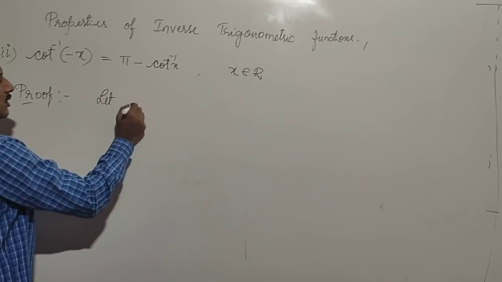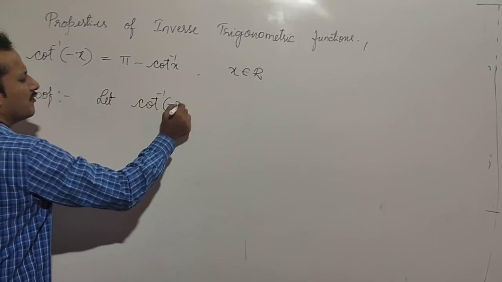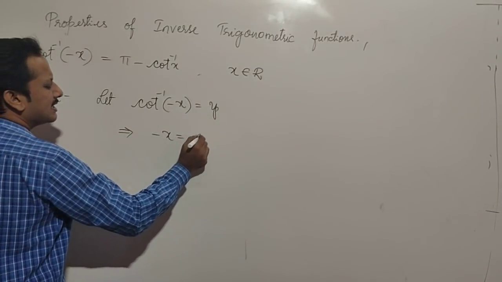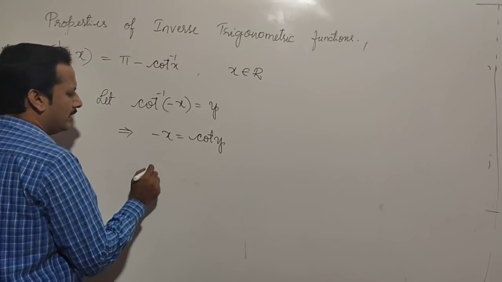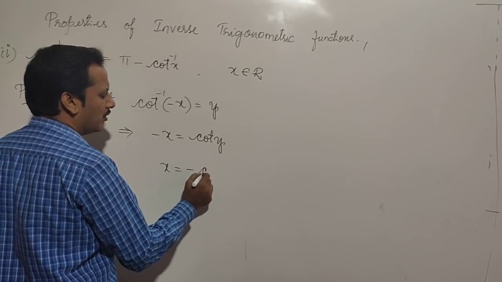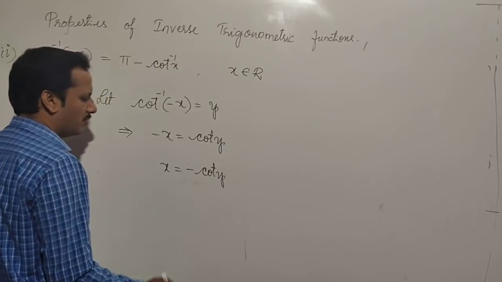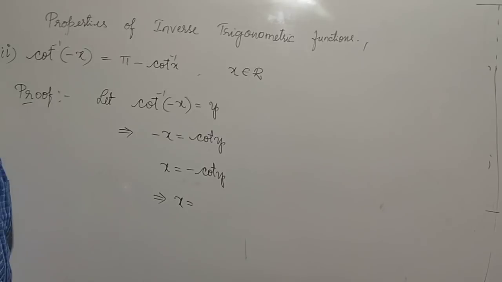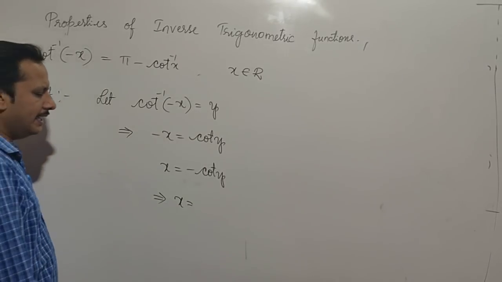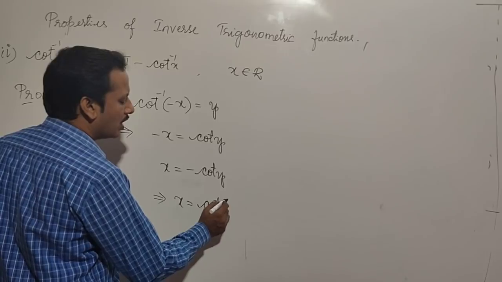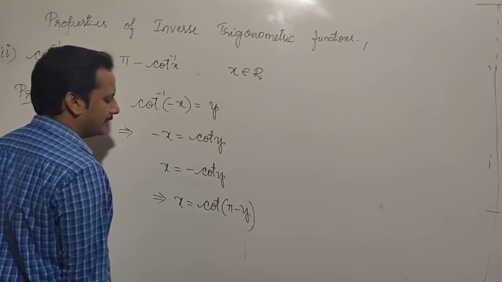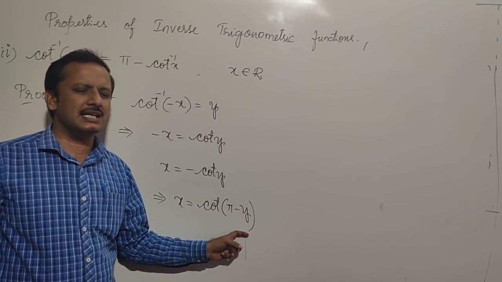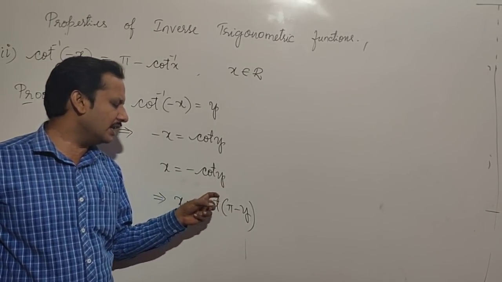Proof of this, as always: let cot inverse of minus x be equal to y. This will imply that minus x is equal to cot y, that is, x is equal to minus cot y. Minus cot y, I will write as cot of pi minus y, since cot of 180 degrees minus theta is equal to minus cot theta.